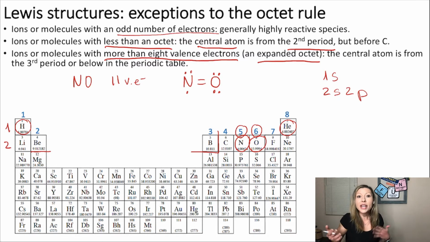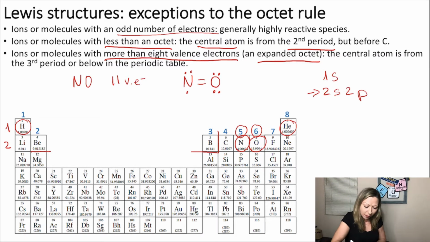All right, what happens when we are expanding the octet rule? What is the case when we actually can have more than 8 electrons around the central atom? Well, we need more space for that, right? In the second period, we only have 8 spots in the 2s and 2p orbitals.